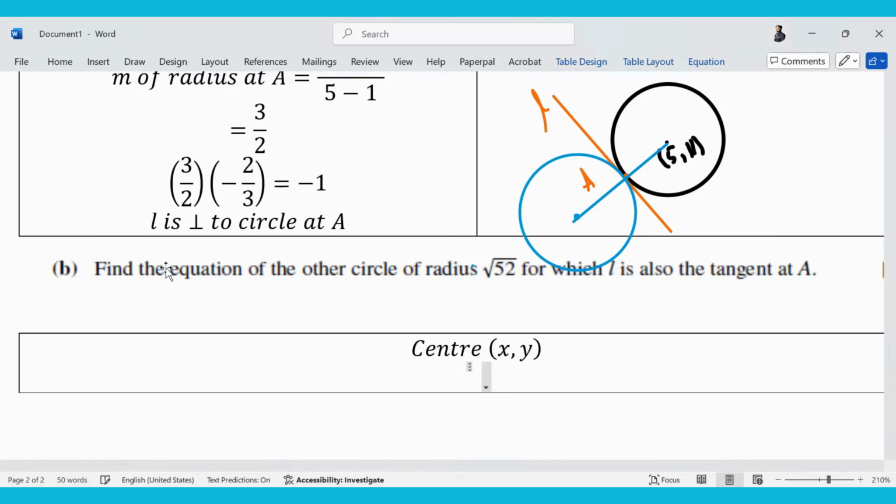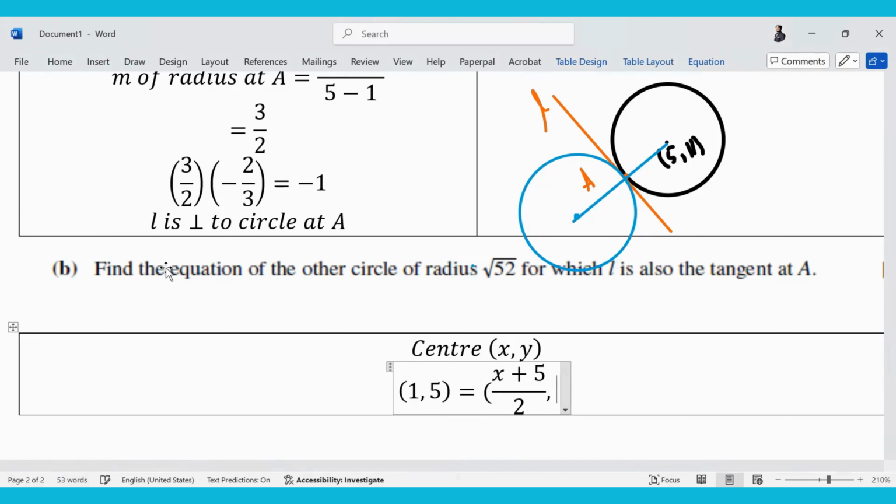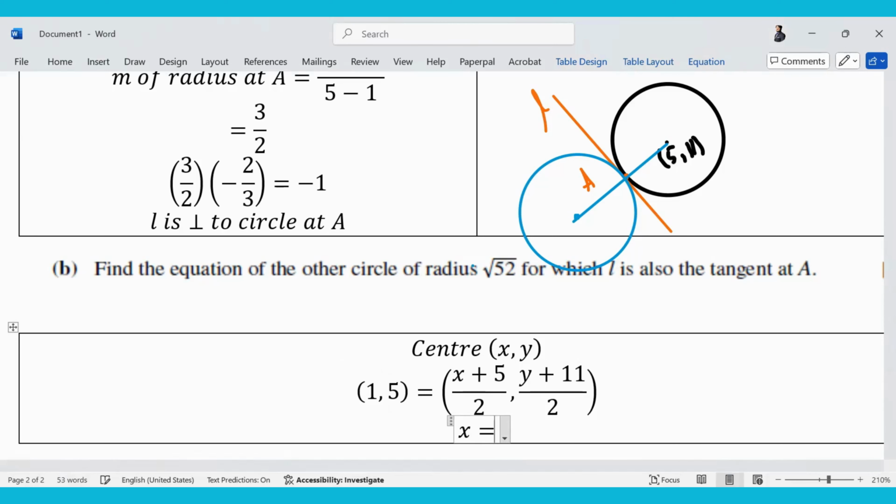So what were the coordinates of A? Not 5, 11, those were not its coordinates. (1, 5) is the midpoint, so we apply: (5 plus x upon 2, 11 plus y upon 2). Solve for x and y. Tell me the values of x and y that you get.